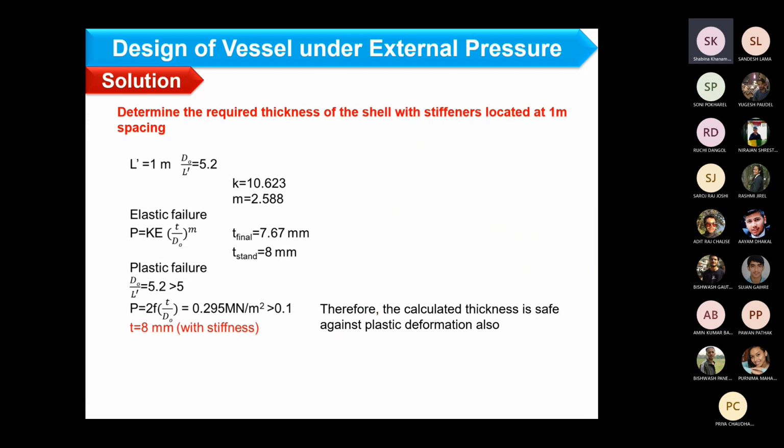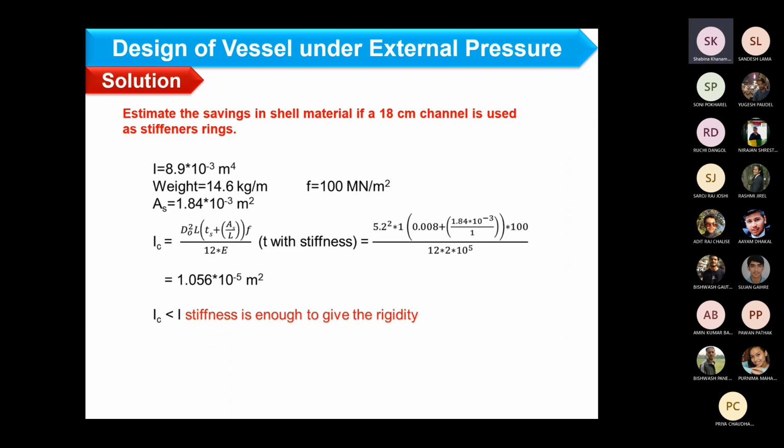It keeps the vessel so stiff that the material in the shell would be reduced. However, you put some material in the stiffener, so the stiffener material will also be counted, but the shell material will be reduced by a significant value. So this is the role of the stiffener.